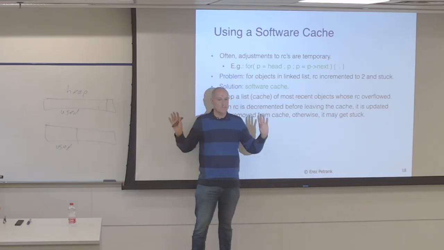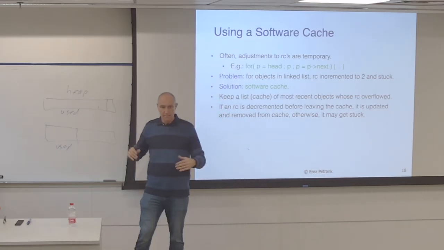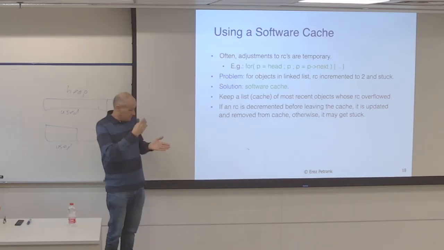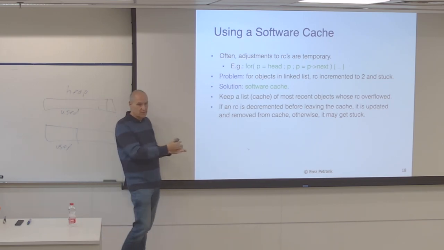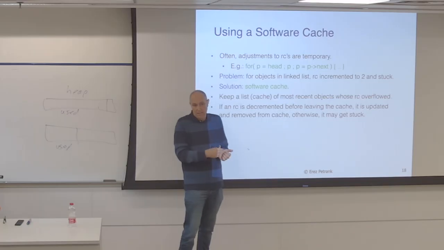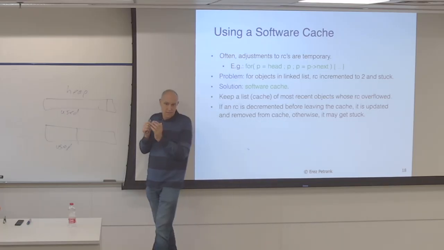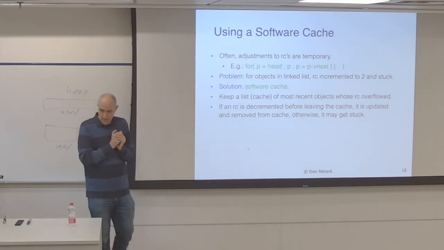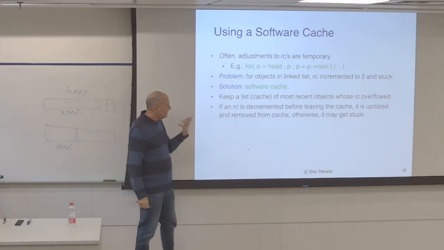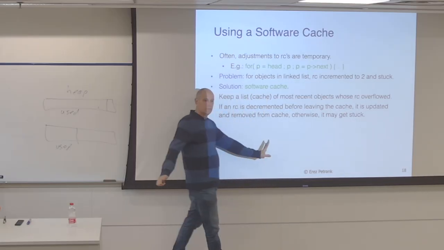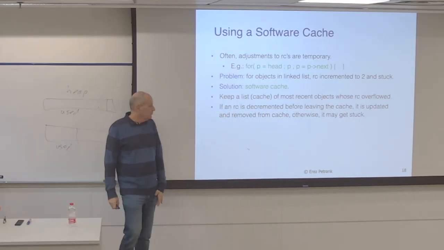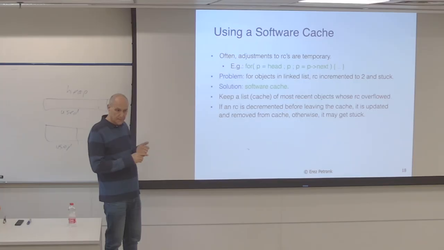And then it's stuck and I cannot do anything with it. So if an RC is decremented before leaving the cache, then it can be updated and removed from the cache.